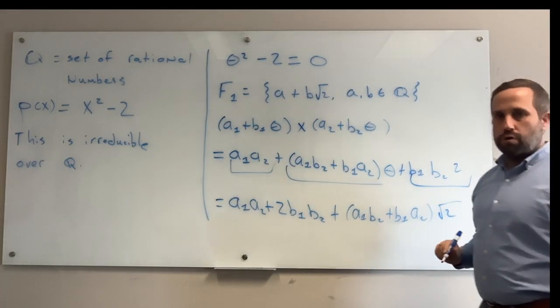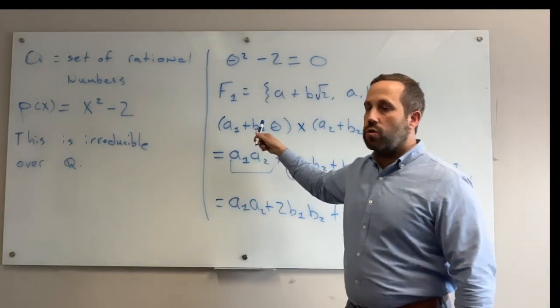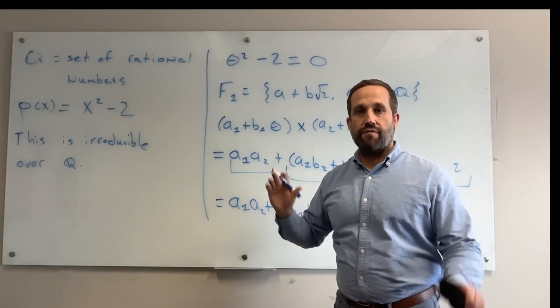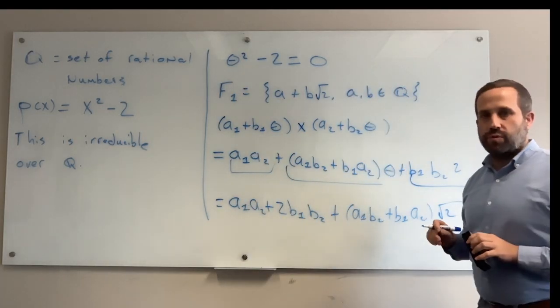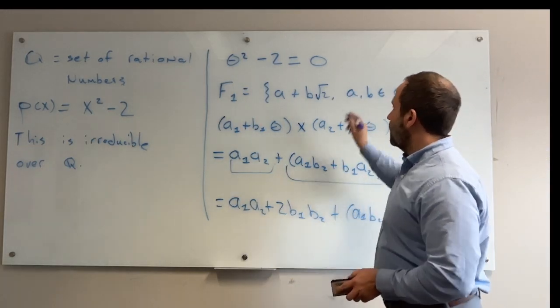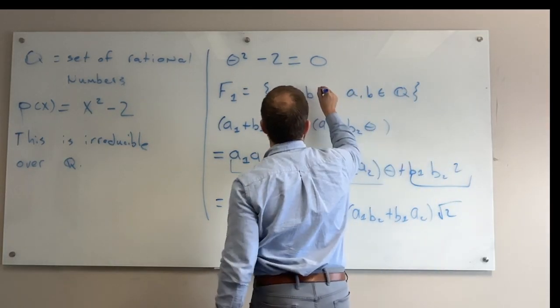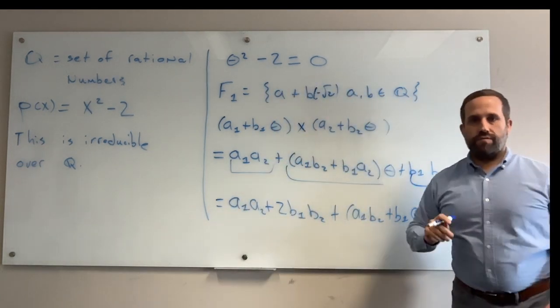But here's an important point. From the perspective of Q, there are two roots of this equation, plus and minus the square root of 2. And from the perspective of Q, it cannot distinguish between those two. So in other words, I could have defined it like this, or I could have given this minus the square root of 2.